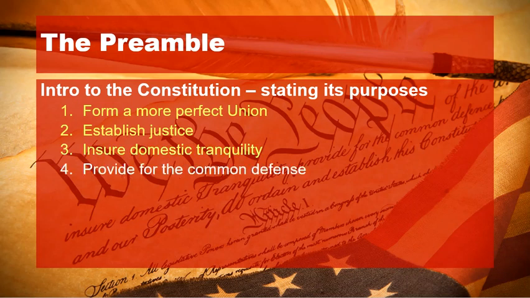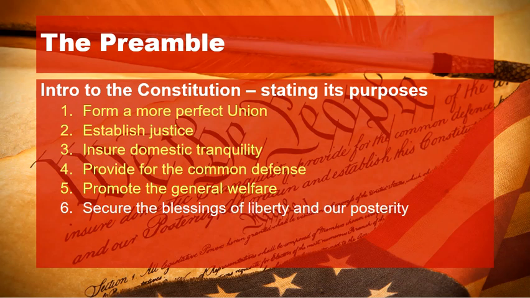Providing for the common defense. The national government under the Articles had no ability to tax, so they had no ability to raise a standing army to defend the entire nation. Promoting the general welfare, to help out or deal with the needs of the people in general throughout the nation, which is something the Articles could not do because of how weak the national government was.